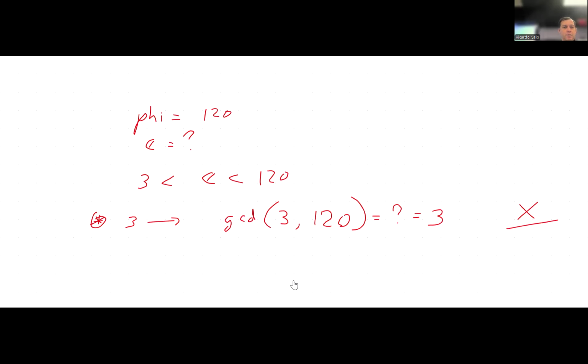Another candidate. So I'm going to do 5. GCD of 5, 120.